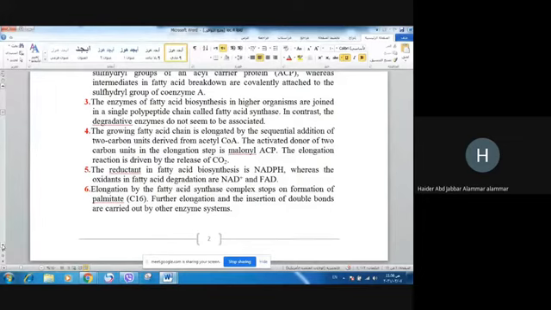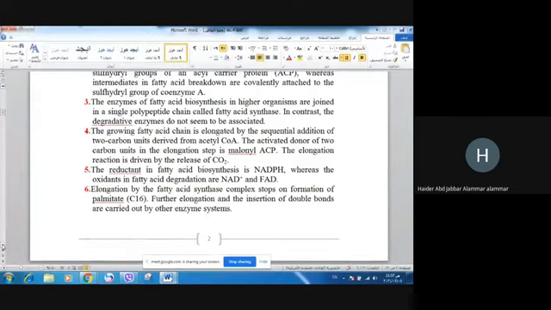So it gives 2 carbon atoms to elongate and 1 carbon atom is removed in the form of carbon dioxide. So the elongation reaction is driven by the release of carbon dioxide. Is that clear?